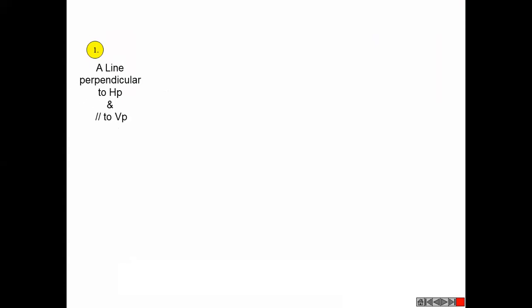A line is perpendicular to HP and parallel to VP. What will be the orientation of the line? Fast? Anyone? See, the subject is very nice. You can do it at home also. You have all the planes.